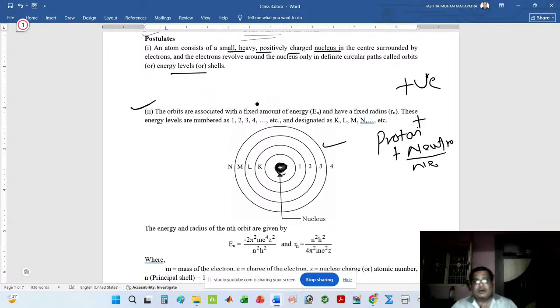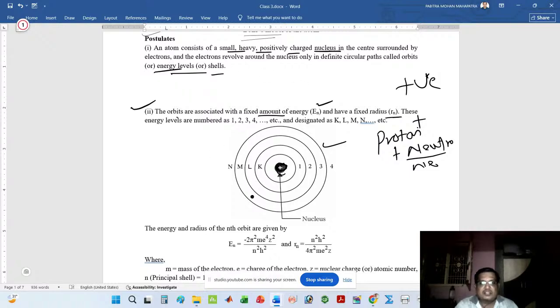Next, move to the second point. The orbits are associated with a fixed amount of energy. Already I have discussed this. Every orbit has a fixed amount of energy and a fixed radius. Energy is denoted by En and the fixed radius is Rn. You can call it an energy level, shell, or orbit.